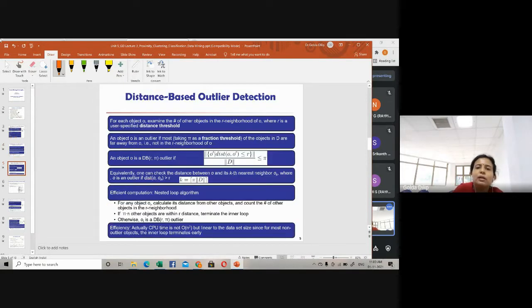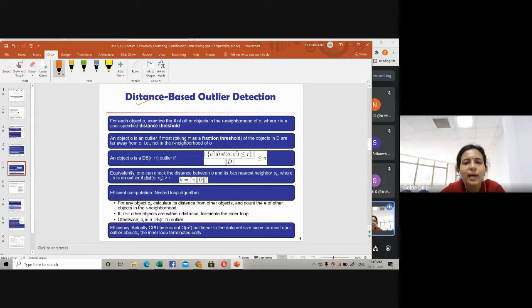Now we will look a little more elaborately into what the distance-based outlier detection technique is all about. We have some equations here.